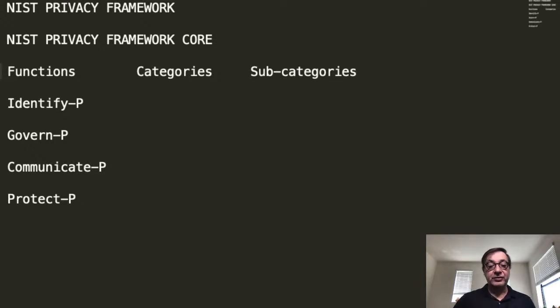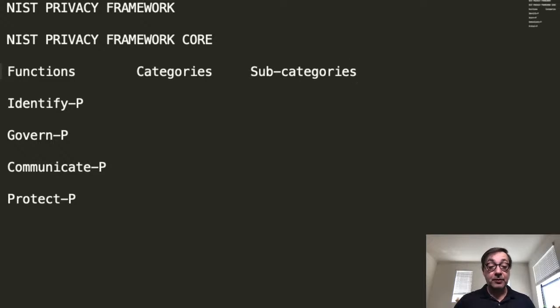And so I will say that although this graphic here is obviously not even two-dimensional, you have to use your imagination, because the functions are not intended to be hierarchical.